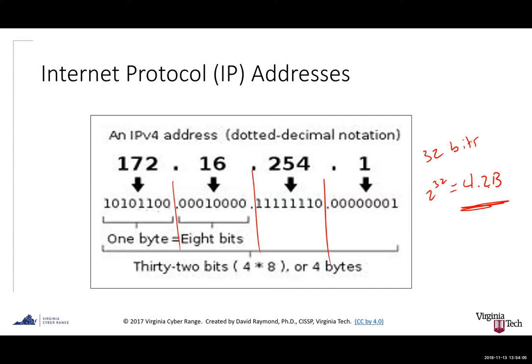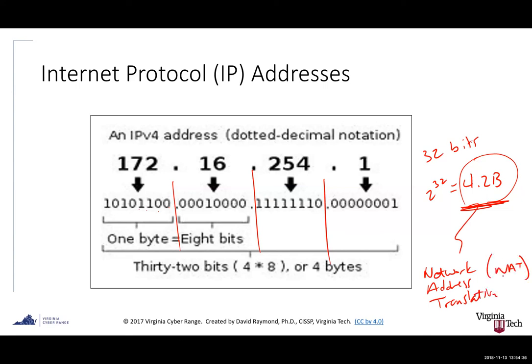We will never get to 4.2 billion devices on the internet. That's one of those famous last words kind of a thing. Now we're well beyond 4.2 billion devices. So how is it that we get around this limitation? There are a couple of ways, and we'll talk about that more as we go further. But just to foreshadow a little bit, there's this thing called network address translation, or NAT.